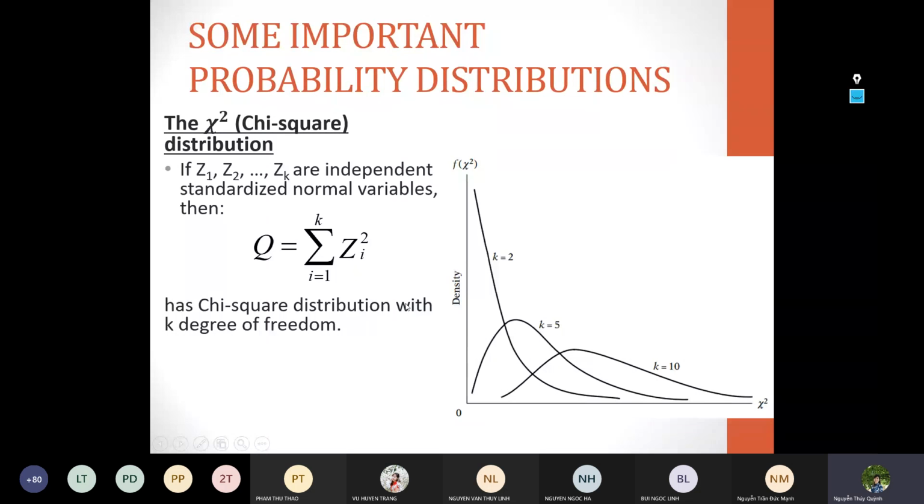You can see that for different degrees of freedom, the chi-square distribution takes on a different shape. And what happens when it has different degrees of freedom?